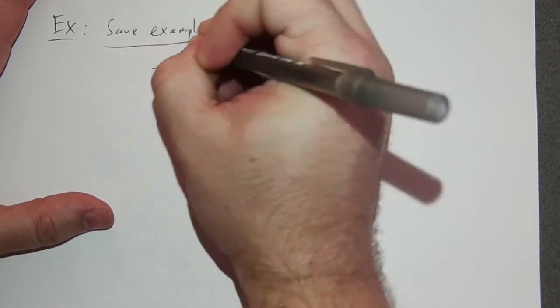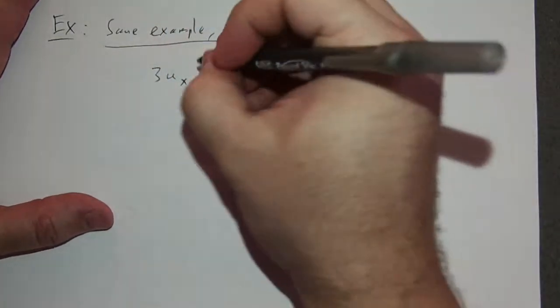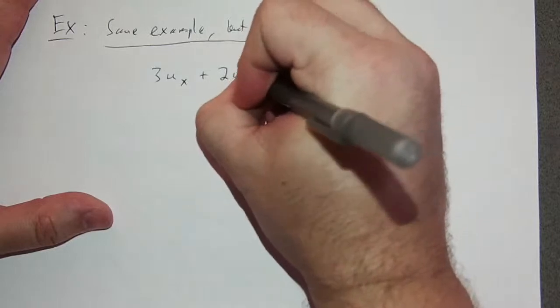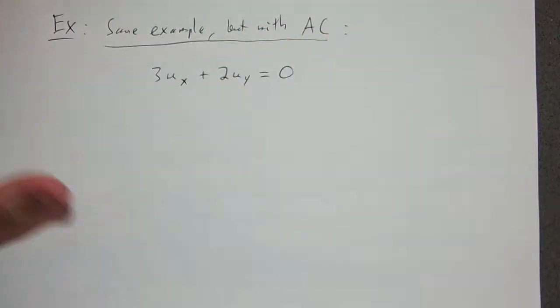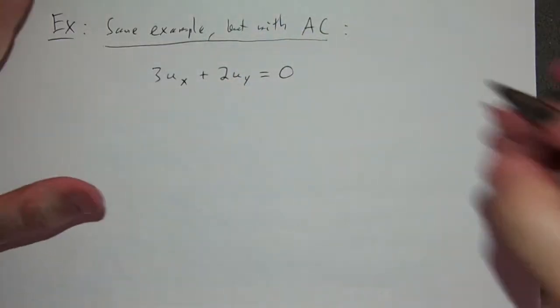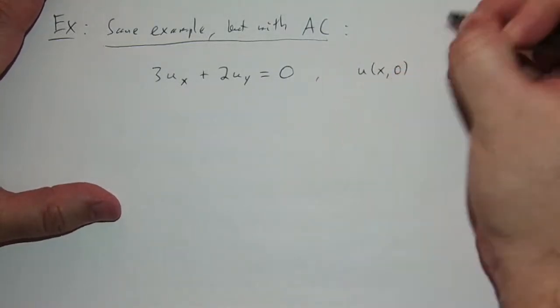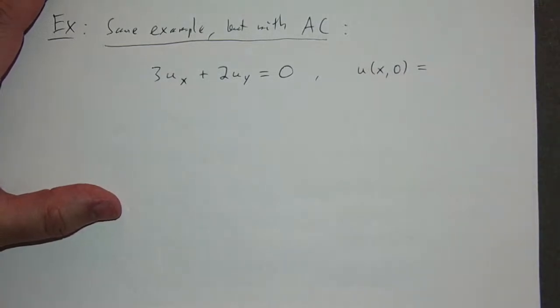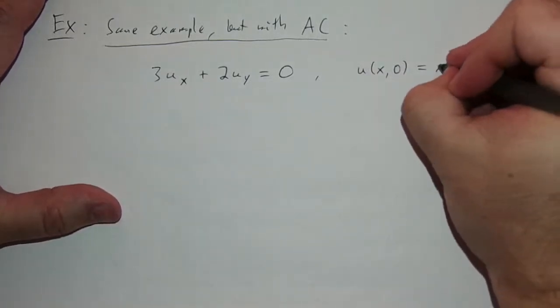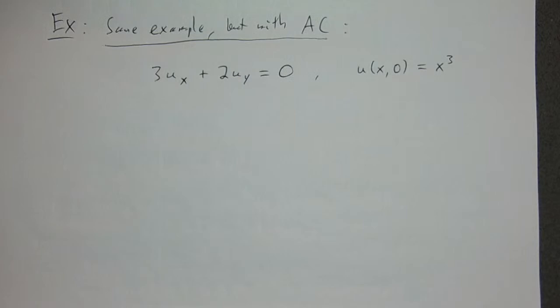So let's say 3u sub x plus 2u sub y is equal to 0. And our auxiliary condition is to specify that on the x-axis we have this data function x cubed.